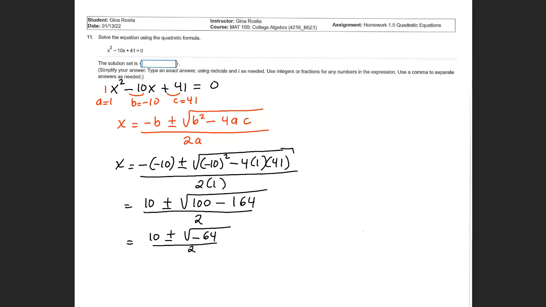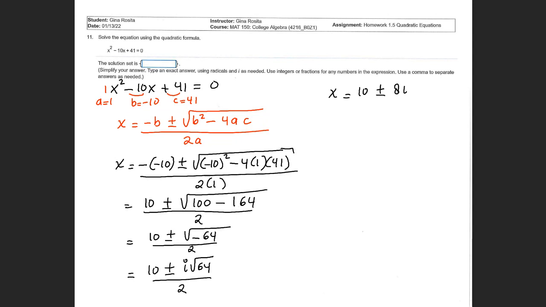There's a negative under the root, so remember the imaginary unit. So now it equals 10 plus or minus i times the square root of 64 over 2. We're going to use this a lot, so don't forget. Now x equals 10 plus or minus the square root of 64, which is 8.